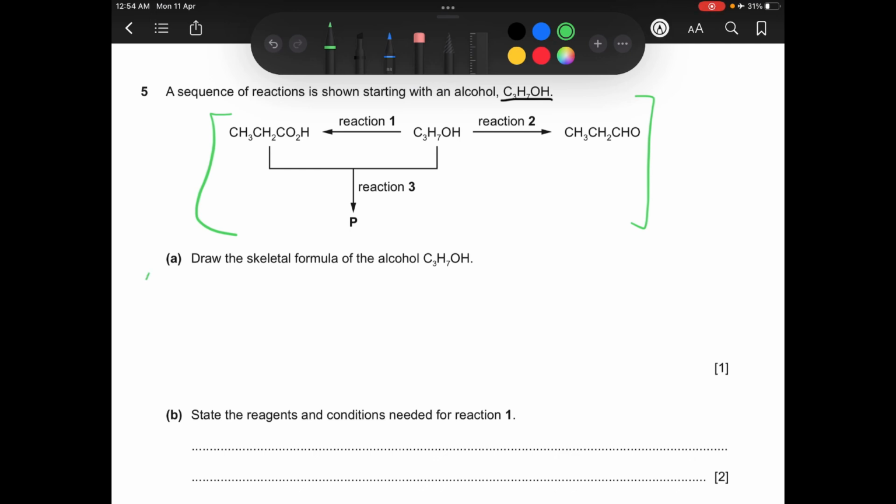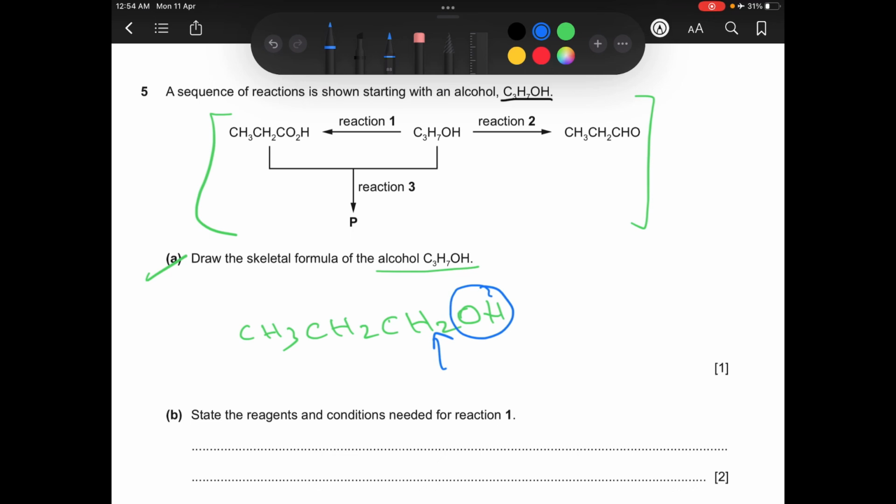Question A says, draw the skeletal formula of the alcohol. C3H7OH. Probably you will have something like CH3, CH2, CH2OH.